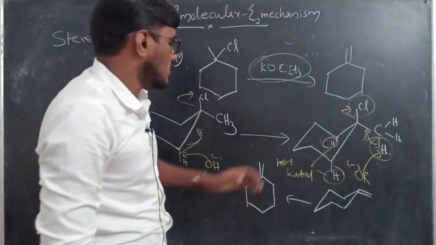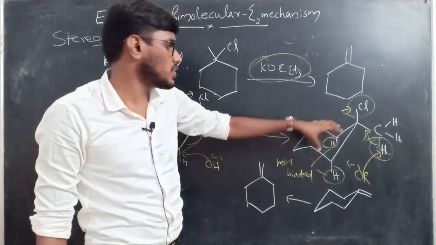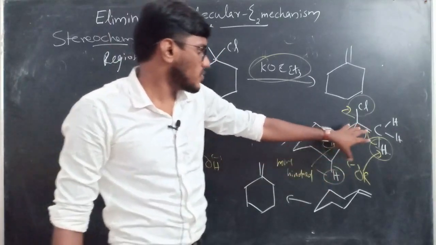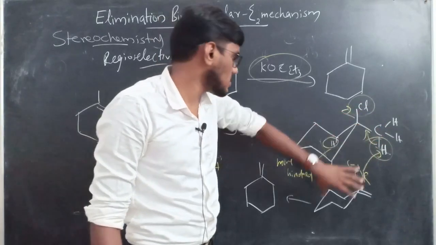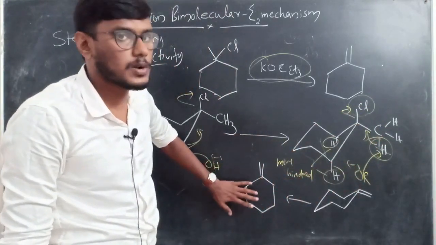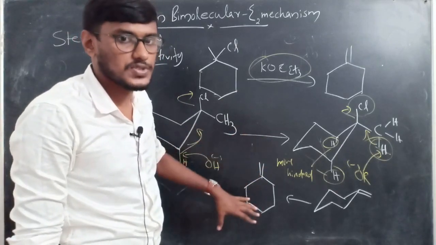In the cyclohexyl ring, these hydrogens are more hindered to this base. So if one of the hydrogens from the CH3 group eliminates along with Cl, the product will be the less substituted product. It is another example for regioselectivity in E2 reactions.